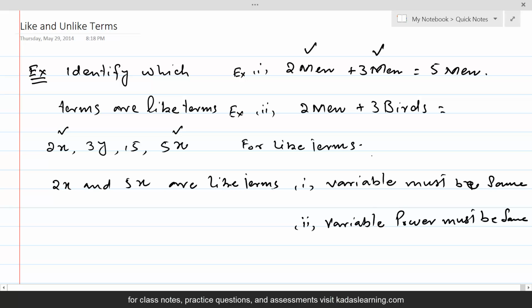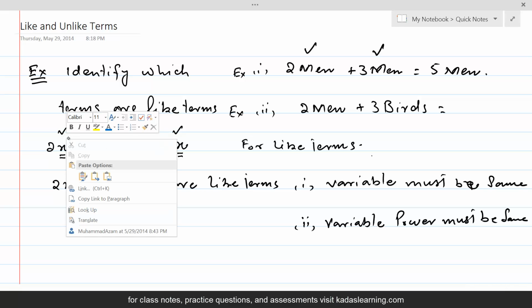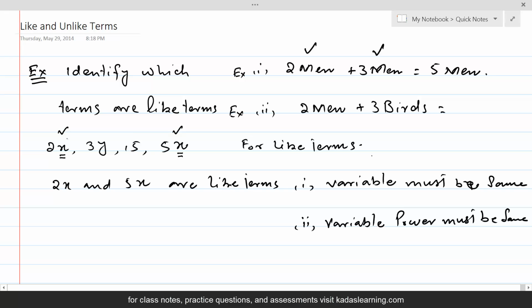The reason? Because the variable x is here, the variable x is here, just like 2 men plus 3 men. Both of them are same type, that's the same variable, plus the exponent on top of each variable, which is invisible in this case, is 1.